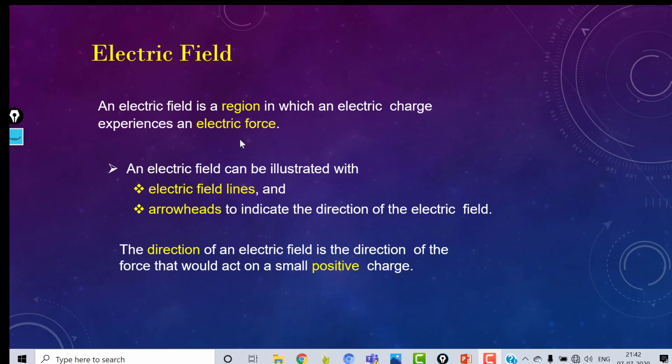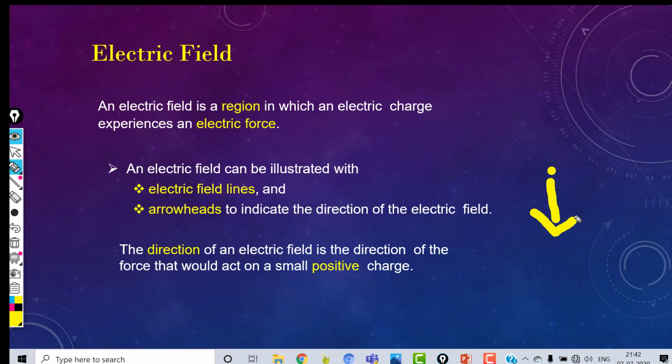The next parameter of electrostatics is electric field. An electric field is a region in which an electric charge experiences a force. For example, suppose we have a point charge placed like this, then it will have its field surrounding this charge.